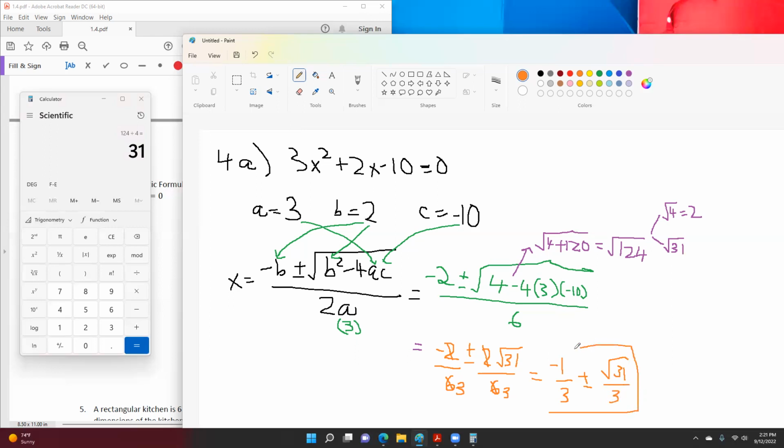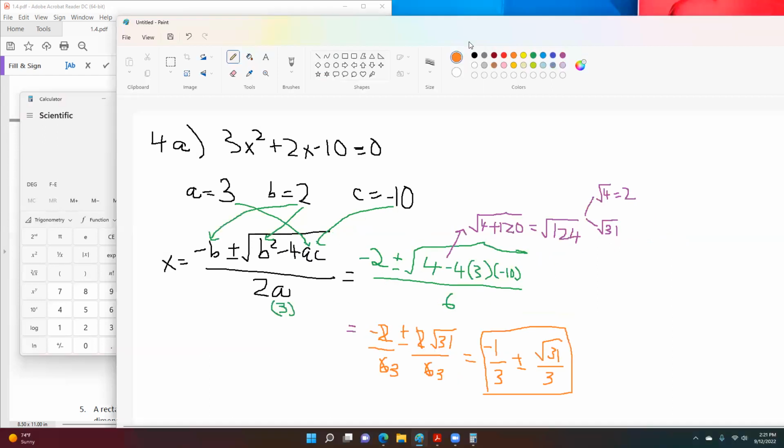So this is your answer for question 4A. Again, in your homework, make sure you write this answer as 2 answers. One of them is plus, and then the other one is a minus. So this is your answer in this case.